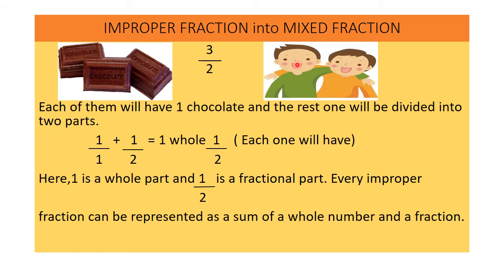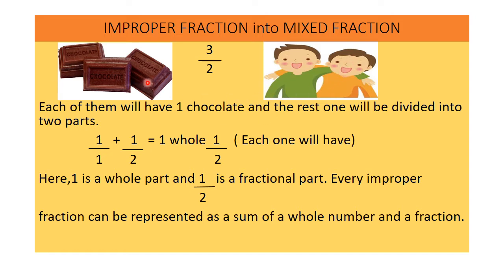So how many pieces of chocolate will each child get? If we see, each of them will have 1 chocolate and the rest one will be divided into 2 parts. So let us assume that this child takes this 1 chocolate, okay, and this one will take this another chocolate.